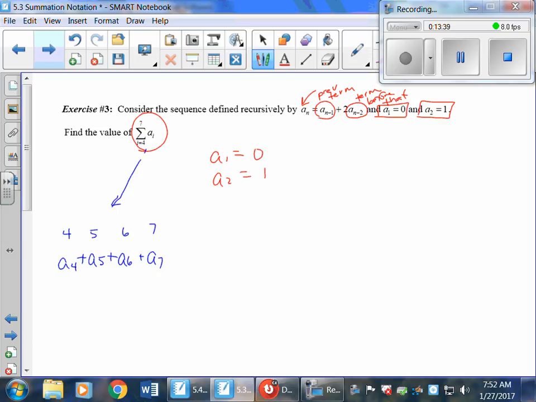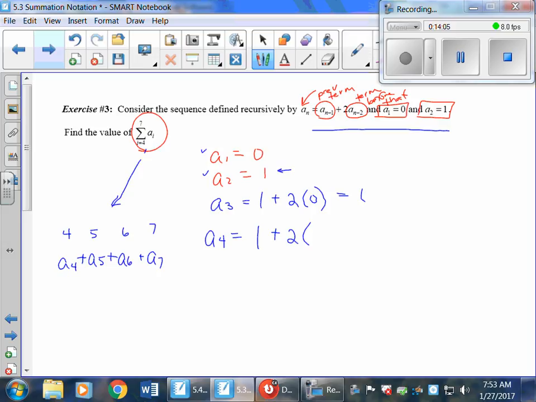Now we know what a sub 1 and 2 are. They're right here. So what is a sub 3 based on our sequence here? It's going to be the previous term, which is 1, plus 2 times the term before that. So this is going to be 1. A sub 4 is equal to the previous term, which is 1, plus 2 times the term before that.